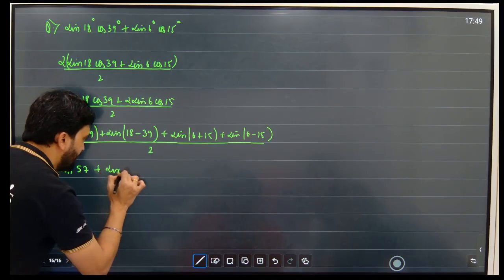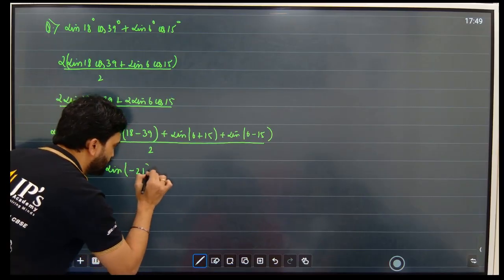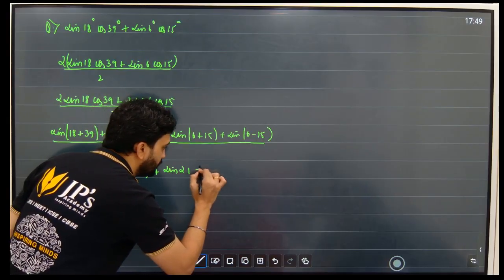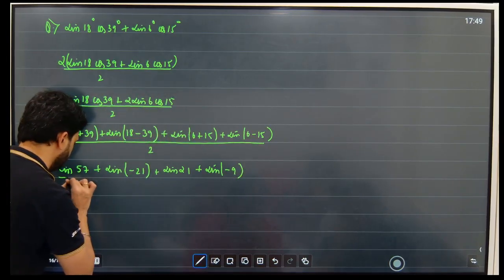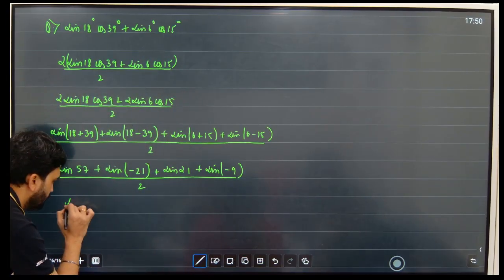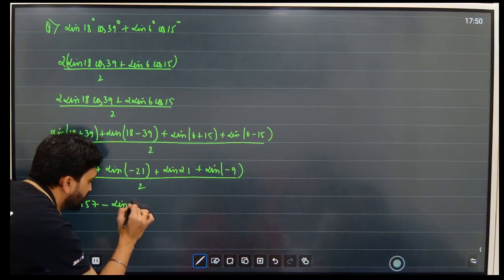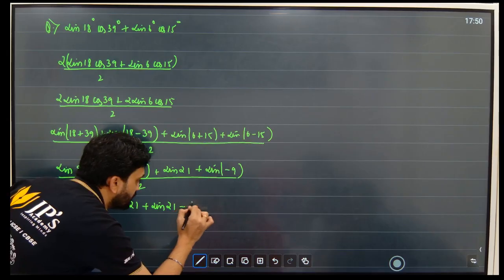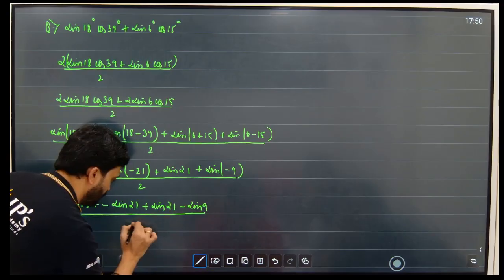Plus sine of 18 minus 39 is minus 21. Plus sine 6 plus 15 is 21, plus sine 6 minus 15 is minus 9. The whole upon 2, which is sine 57 minus sine 21 plus sine 21 minus sine 9, the whole upon 2.